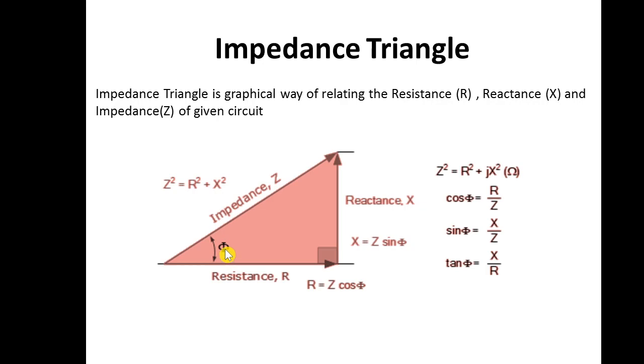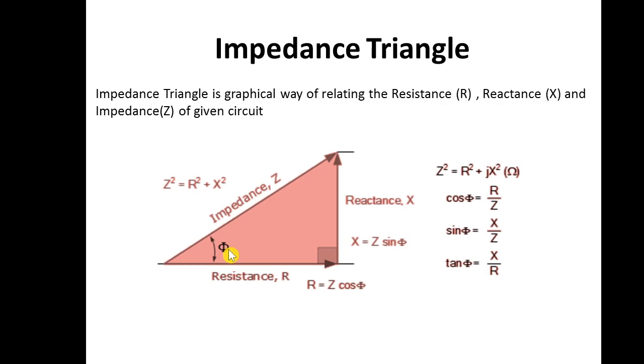For a pure capacitance circuit this angle is in the downward direction, because if we take current as reference then voltage lags, and in an inductor the voltage leads, so this we can take as a positive angle.